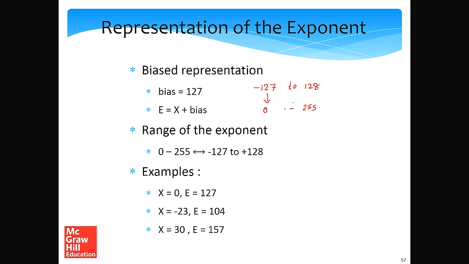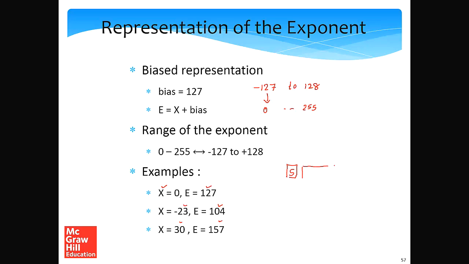So let's consider some examples. If the exponent is 0, we actually save 127. If the exponent is minus 23, we save minus 23 plus 127, which is 104. Last example, if the exponent is plus 30, we save 157. So what are the different fields once again? The 1-bit sign bit is there.